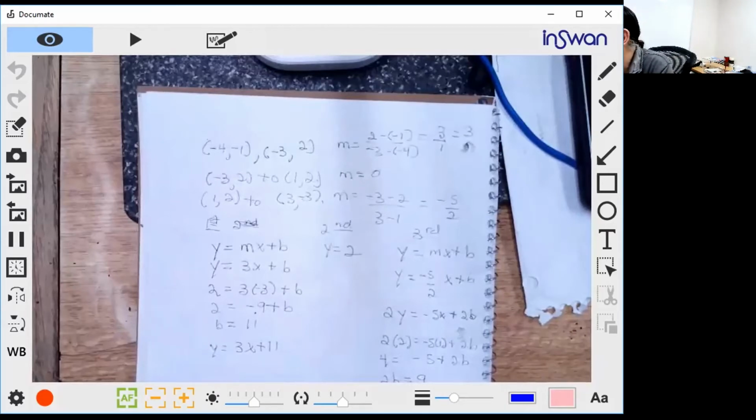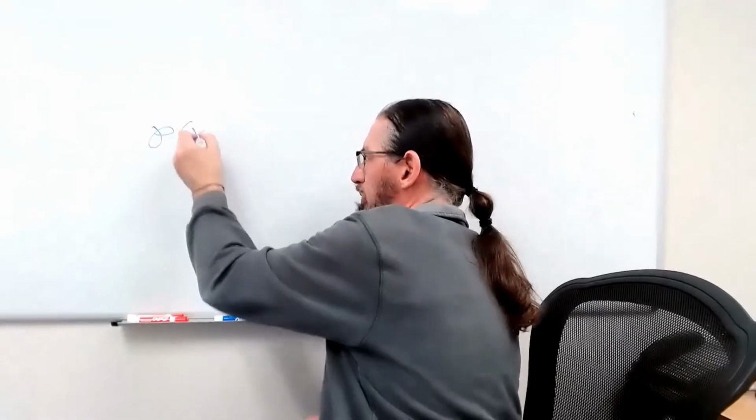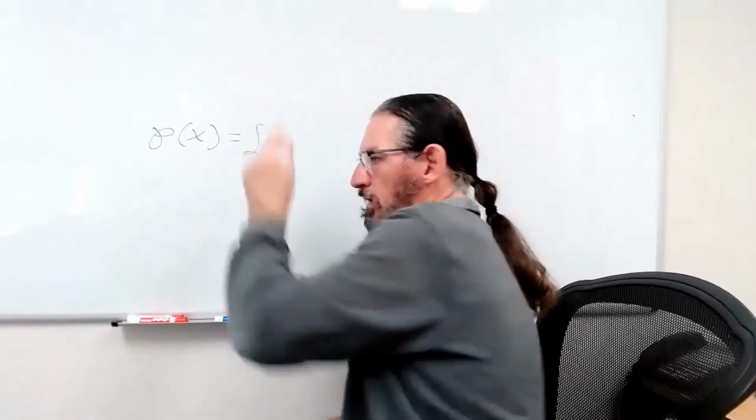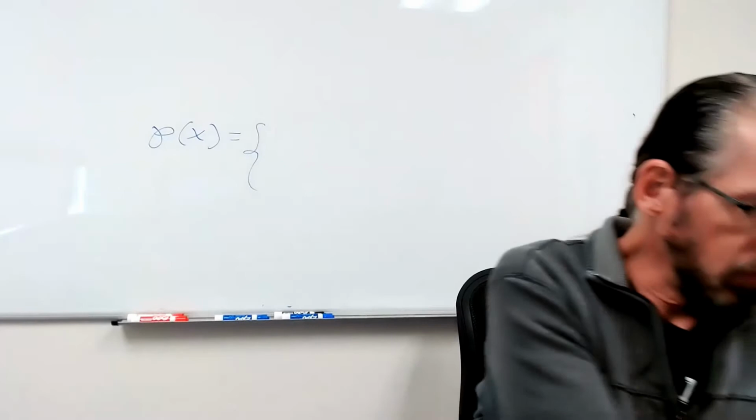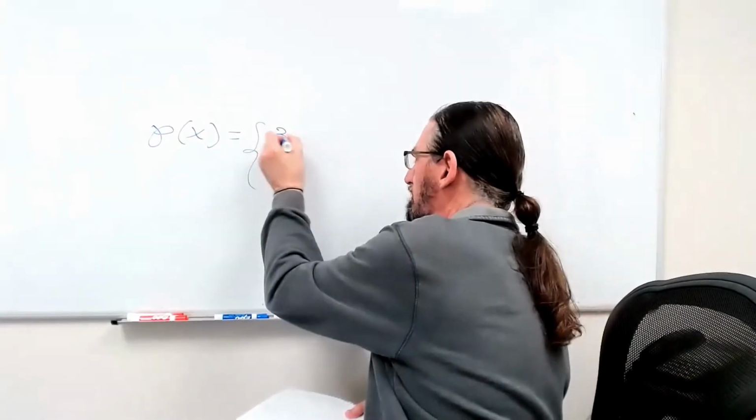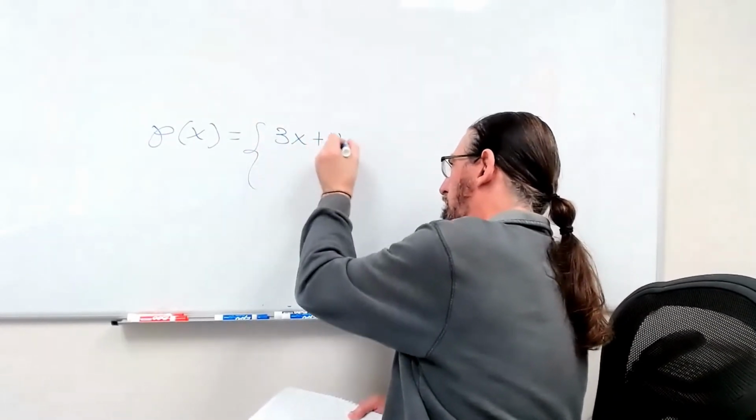I'm going to write this over on the board now. The equation we need to write, whatever we're going to name it, let's just say P of X, P for piecewise. We came up with 3x plus 11 on the first interval.